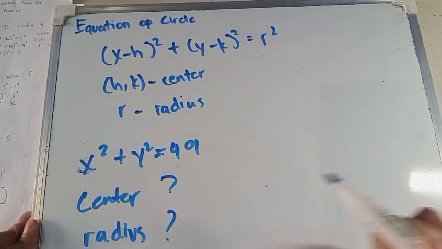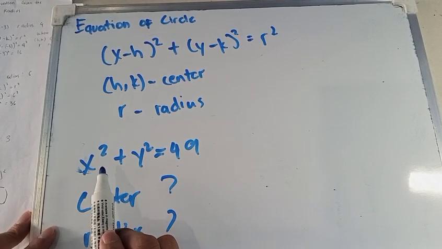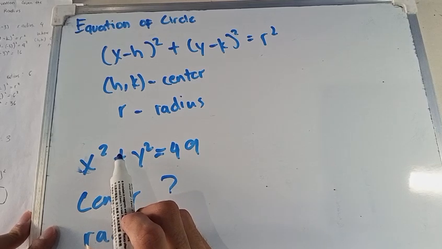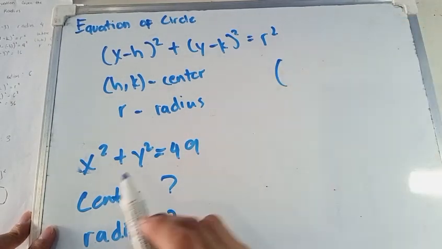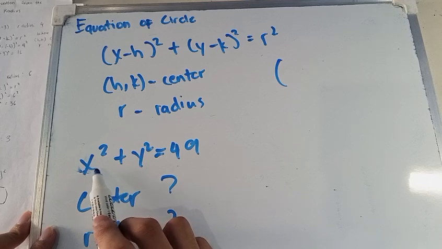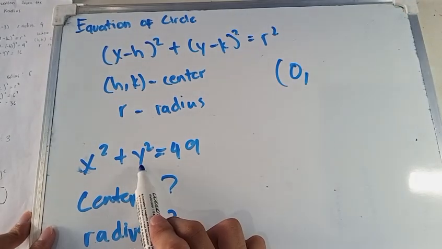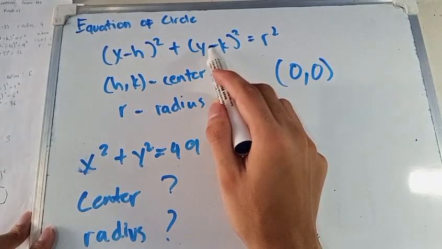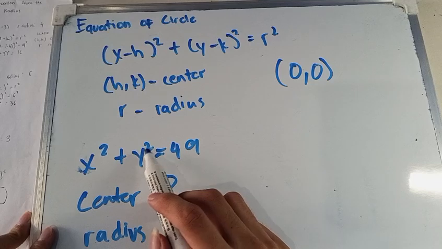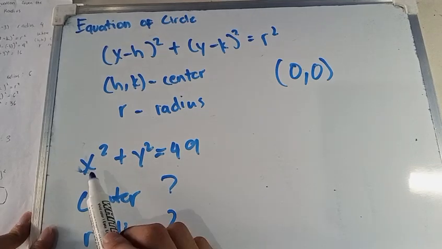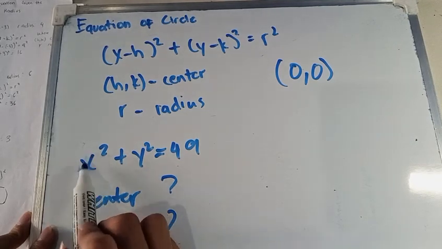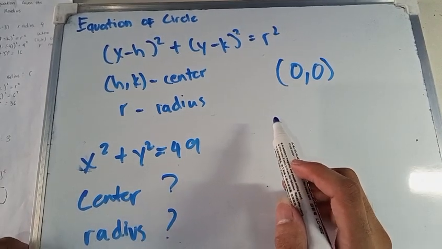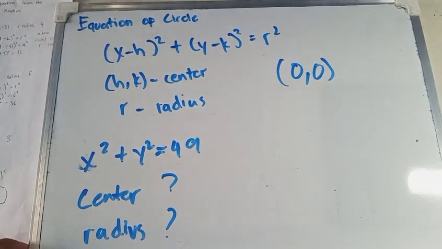Now, as I said before, if this is just x squared, with no binomial, the value of each is 0. Same goes for the y value here. It will become 0 since y minus 0 is simply y. So if we don't see any operation here in x, its value is 0, or the coordinate of the center is 0. Now we have the center and we need to find the radius.